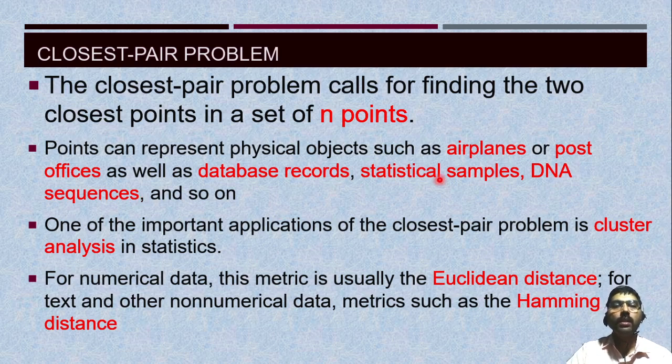Here the points are two planes, and which two planes are very close together is identified by the controller at the airport. He is checking which two planes are very close, because there is a possibility of collision.